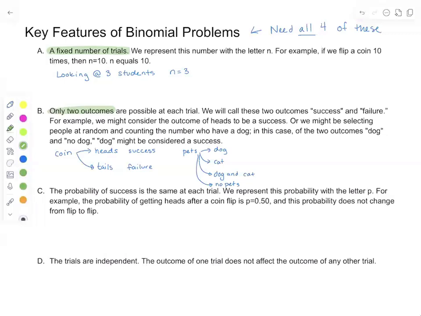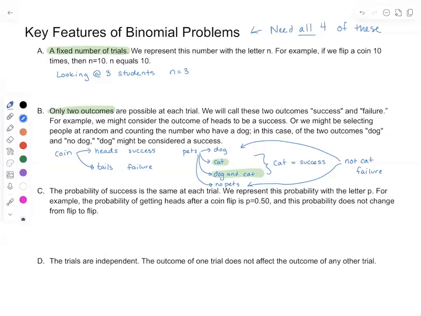I would have to say, if they have a cat of any kind, I'm going to call that a success. So cat would be a success. And that would mean that the people who either just have a dog or have no pets would get lumped into the no cat category, which would be a failure. So if you have a more complicated situation, sometimes we have to narrow it down so there are only those 2 outcomes.